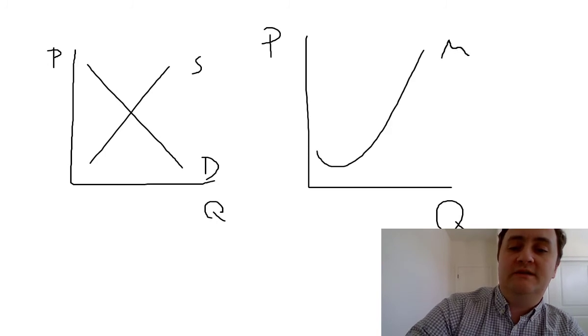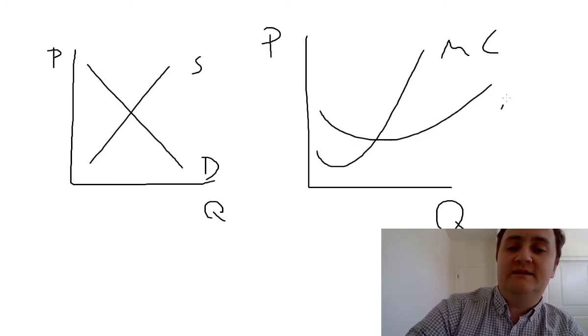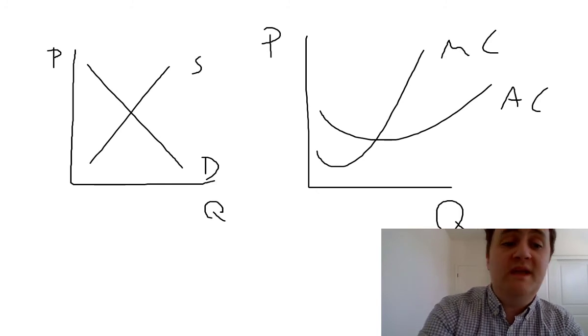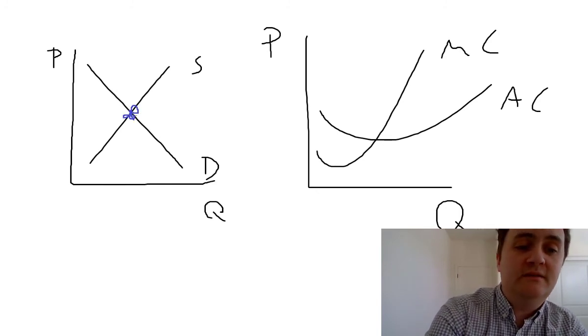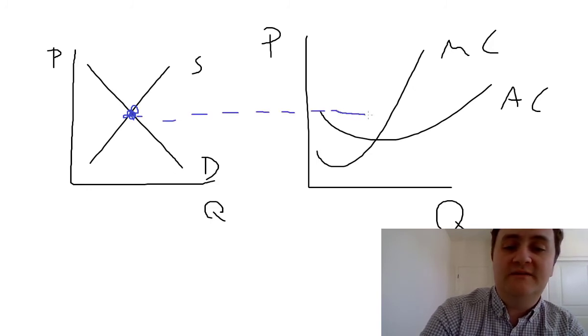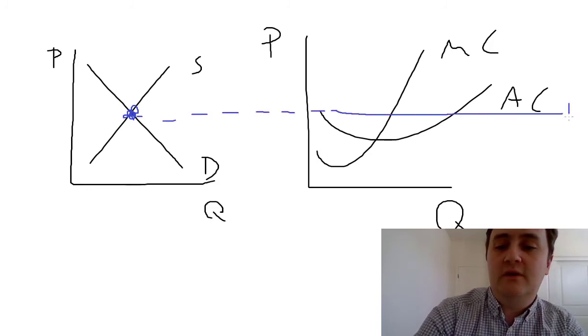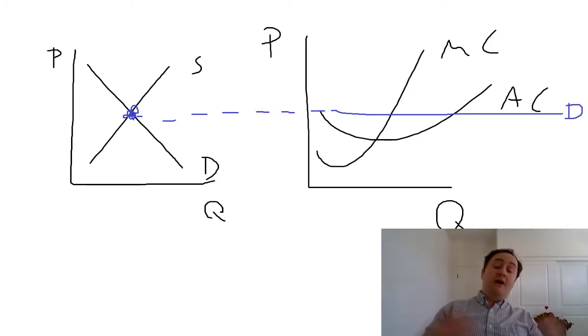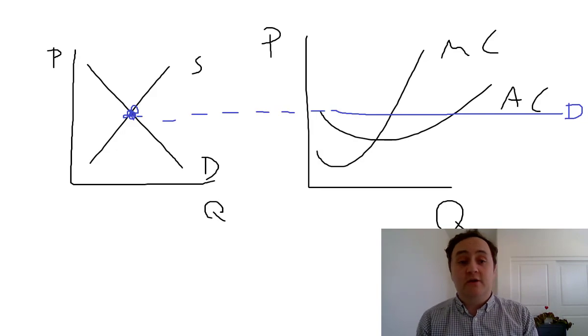So we have the marginal cost, we have the average cost, which intersects at the bottom there. So where's that price coming from? Well, we get an equilibrium price from the market. We follow that over, and that gives us our demand curve over here on the right. That's where that price comes from. If you don't have the price, you could get it from the supply and demand curves.